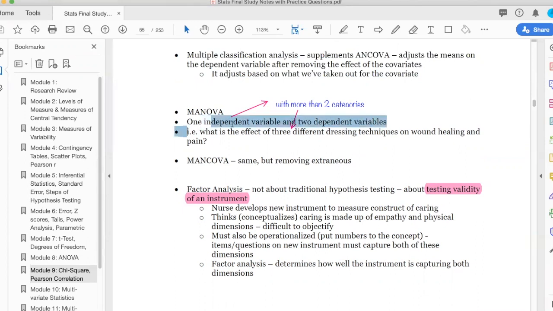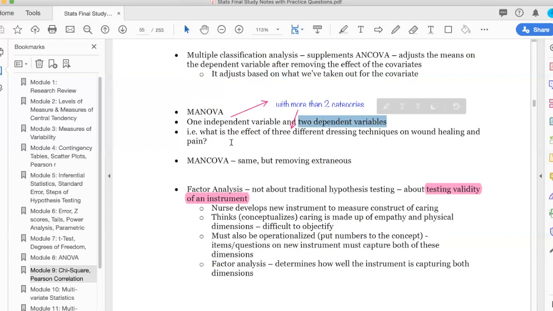You have one independent variable with categories, right? It's got to have more than 2 categories. Otherwise, it's a t-test issue or a different kind of test. You have one independent variable with a bunch of categories, and then you have more than one dependent variable.